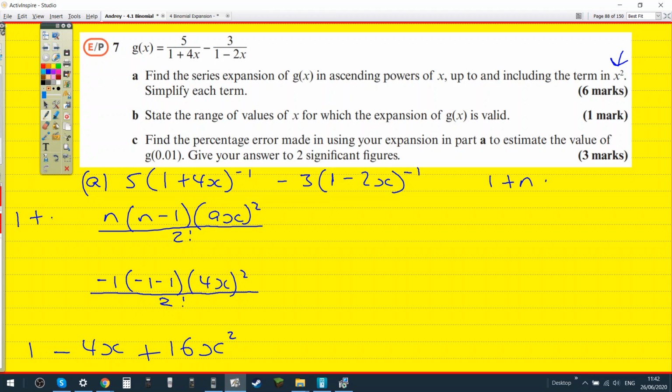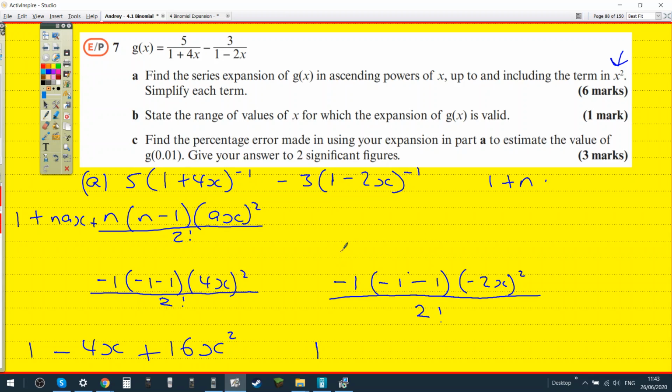When you say fully expand, is that like minus 1 times minus 1 times minus 2x squared over 2 factorial?